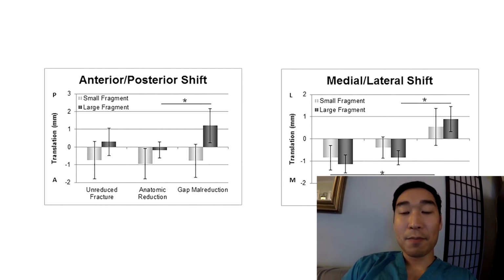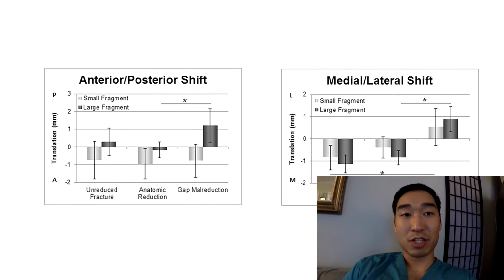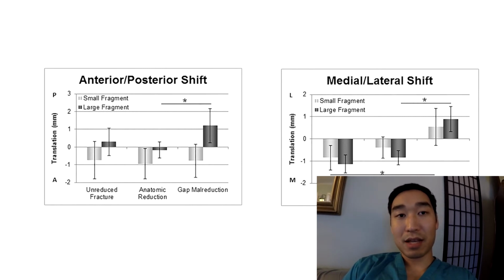But again, the weakness of the study, I think, is they just made a lot of assumptions on what they thought was a posterior malleolus fracture. And their assumptions can be correct in certain situations, but being a cadaveric study, there are going to be times where in a clinical setting it may not be reliable.